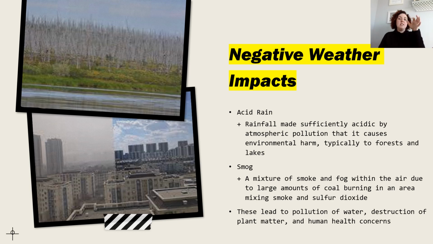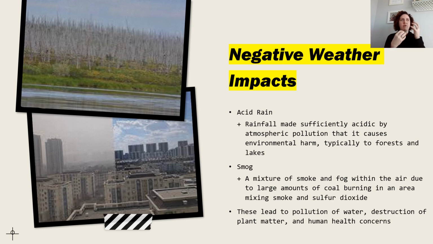So, negative weather impacts. On top of the fact that when we add to air pollution and other sorts of pollutions, we have these weird weather changes, we also have things such as acid rain. This is rainfall made significantly more acidic by atmospheric pollutants, so that it causes environmental harm.